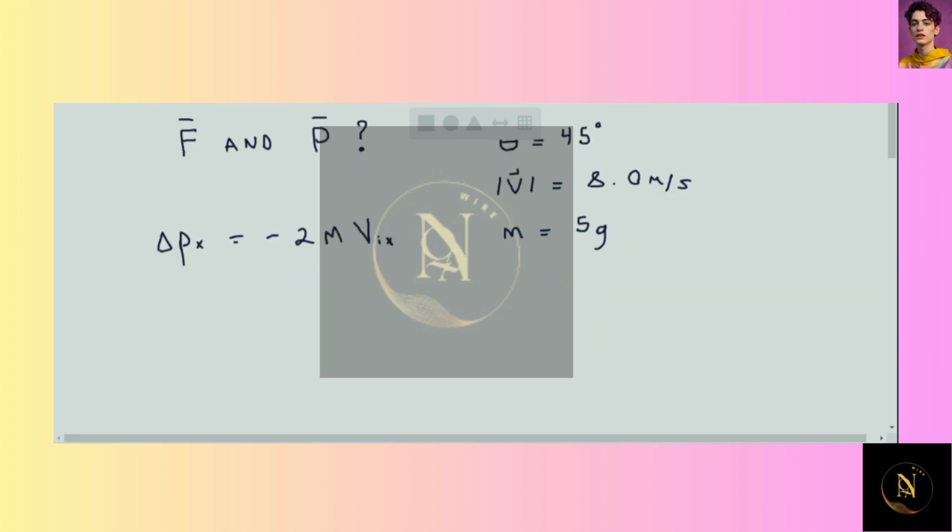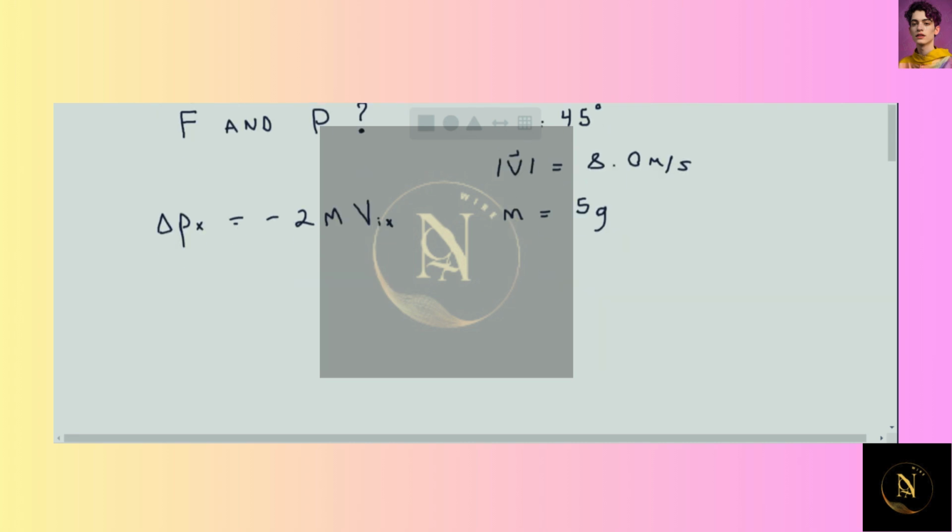So what we then did is we used the impulse momentum theorem to substitute for delta p x over here with the average force times delta t equals minus 2 m v i x.